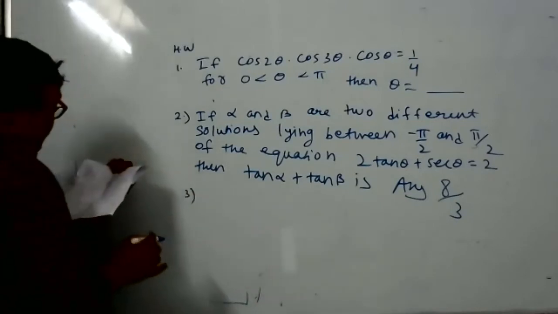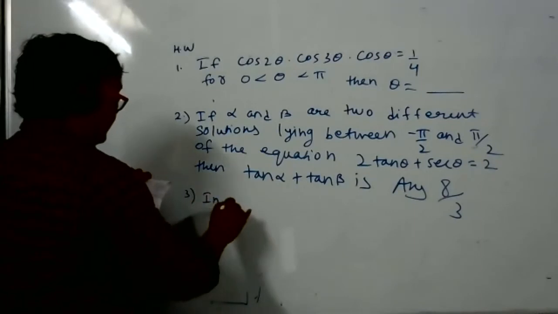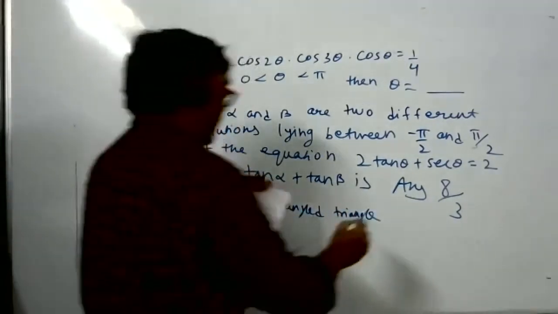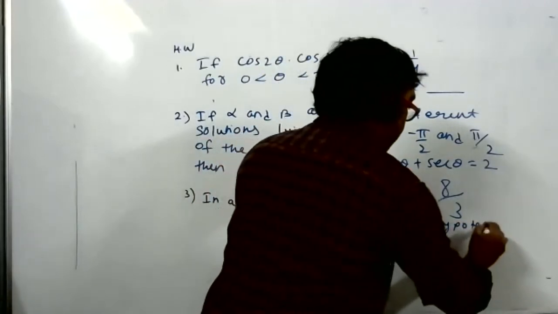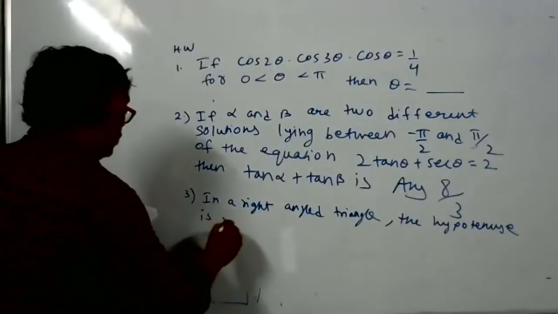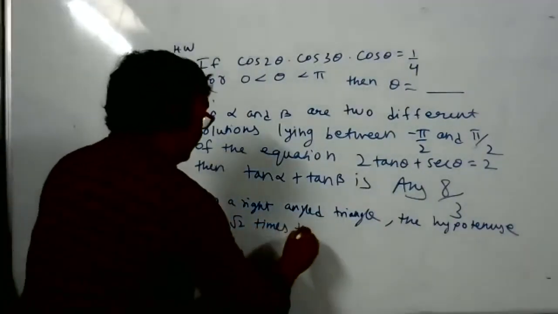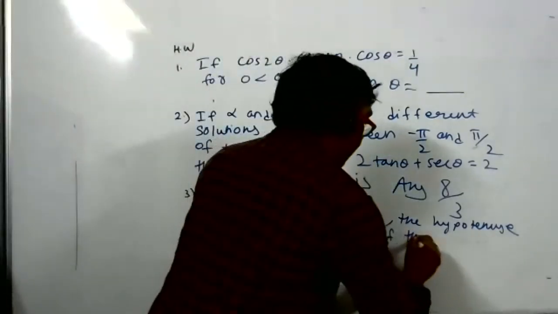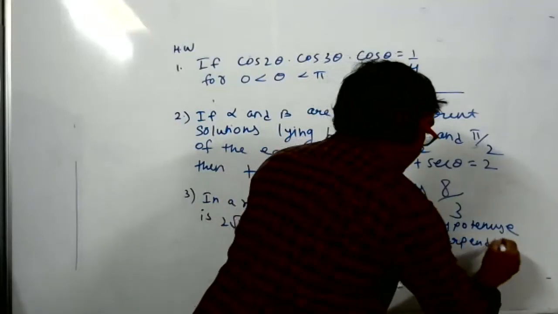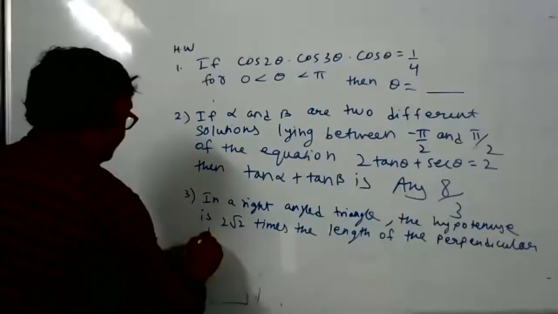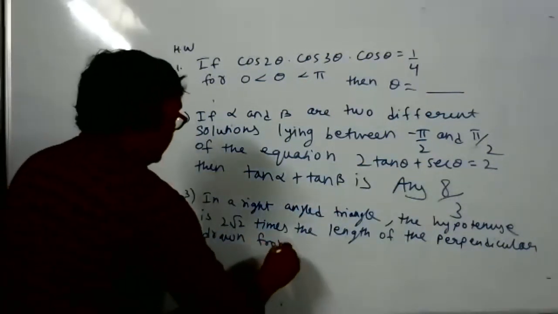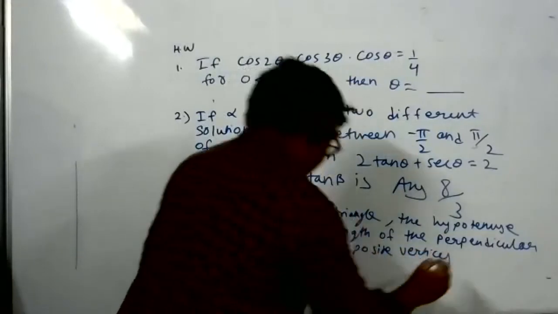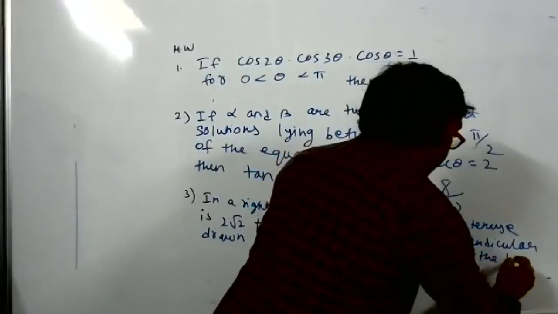Next sum is an easy sum. All of you should do this sum. In a right angled triangle, the hypotenuse is 2 root 2 times the length of the perpendicular drawn from the opposite vertices to the hypotenuse.